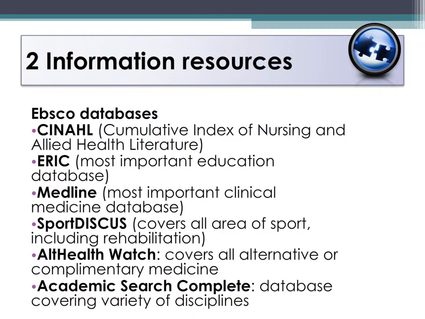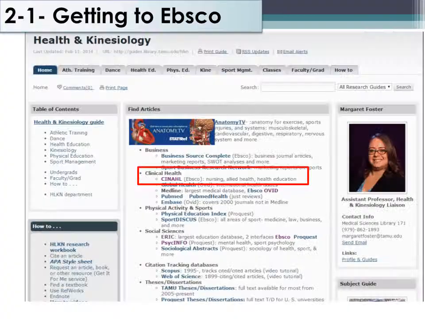Sport Discus covers all areas of sport, including rehabilitation, sports medicine, sports therapy, and the business of sports. Alt Health Watch covers alternative or complementary medicines. Finally, Academic Search Complete is a database that covers a wide variety of disciplines.